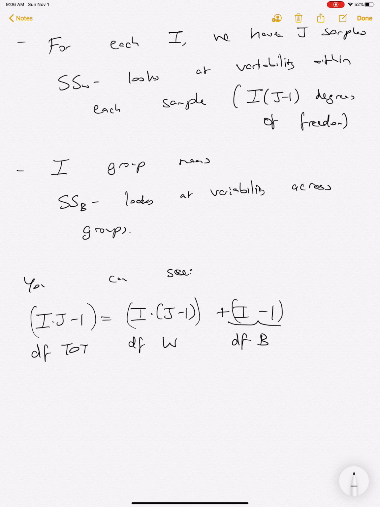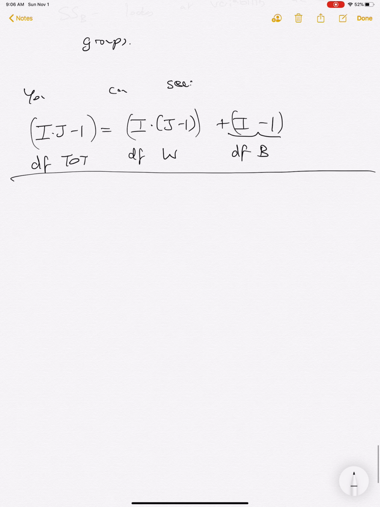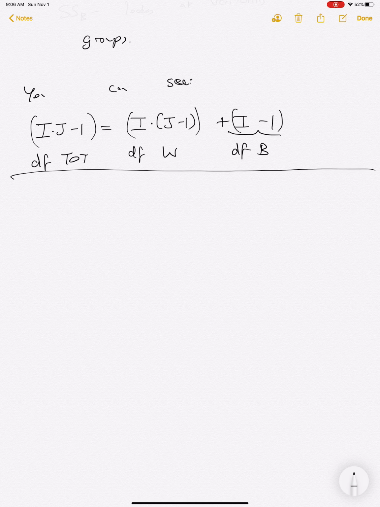Okay, and so now let's look at how we can use this to find an overall test.